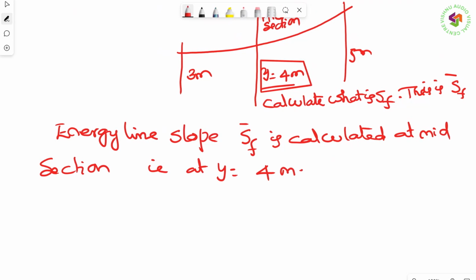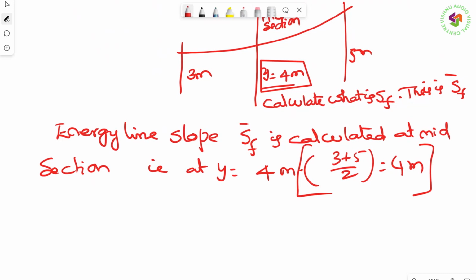If I take the average of 3 and 5, that is 3 plus 5 by 2, which is 4 meters. Now SF is equal to V square N square divided by R to the power of 4 by 3.